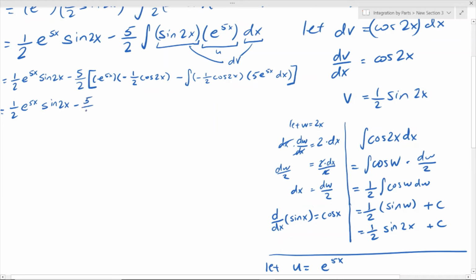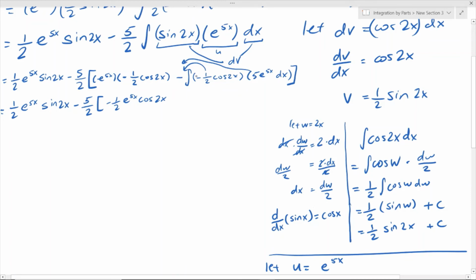It's going to be 5 over 2 times, this is negative a half. Negative a half times e to the exponent of 5x times cos 2x. And then here it's 5 and negative a half. We can bring these out, right?